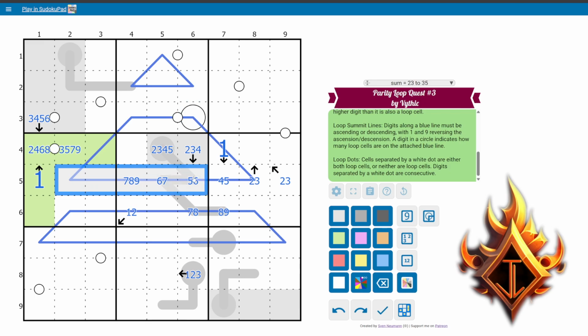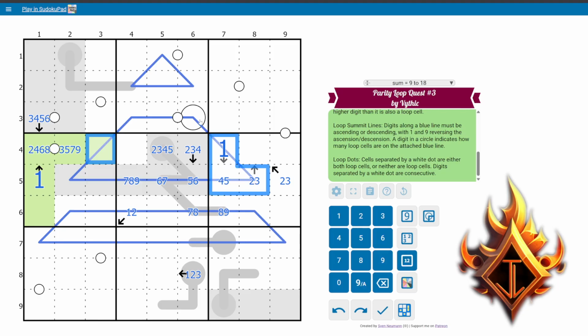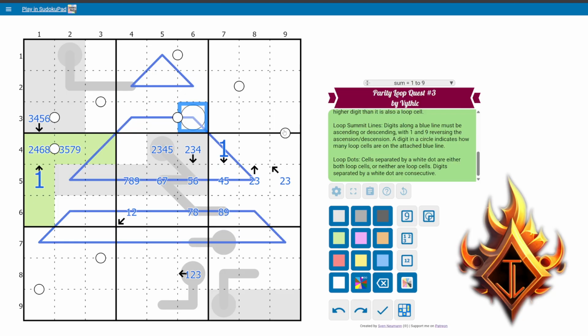We're already at 5. 1, 2, 3, 4, 5, 6. I mean, we still have 7. But both of these cannot be on there. So we're at 6.